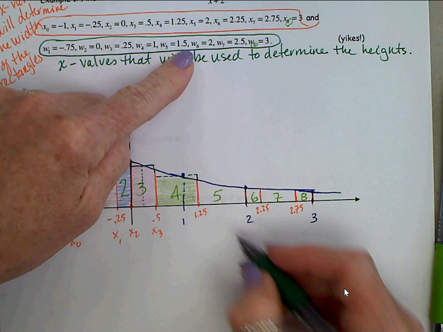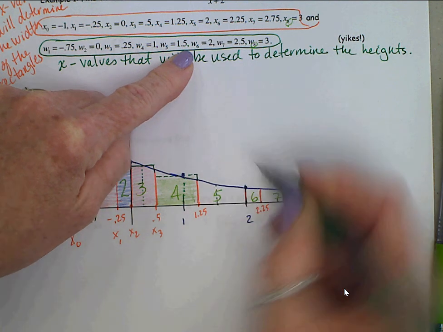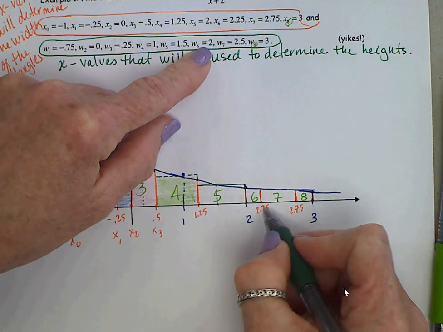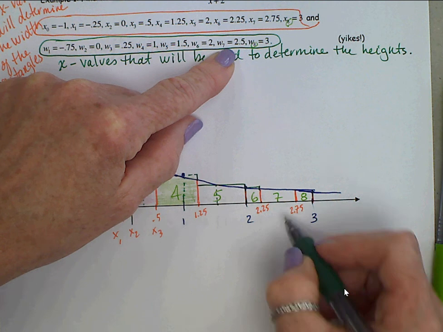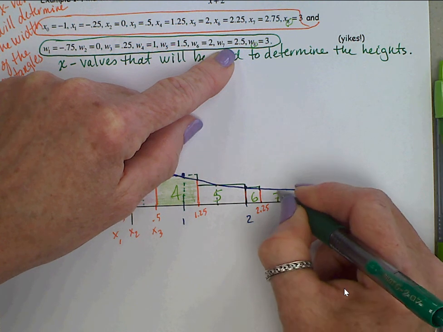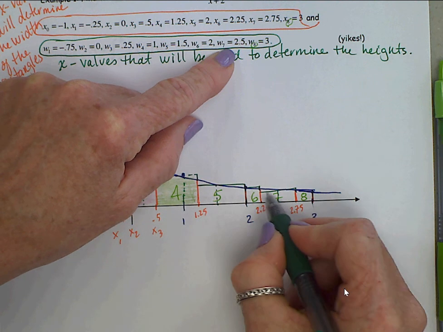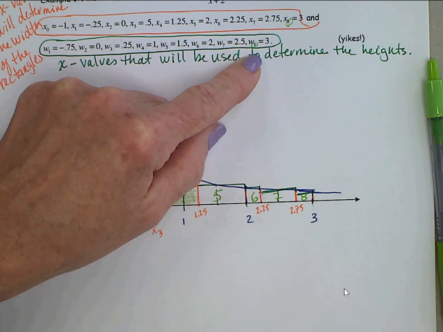Fifth is by using 1.5. Sixth by using a 2. Seventh by using 2.5. These are hard to see down here because the curve's getting pretty flat. And the eighth one uses a 3.